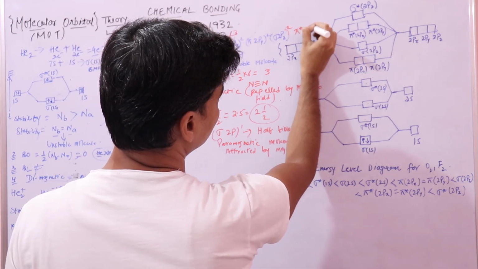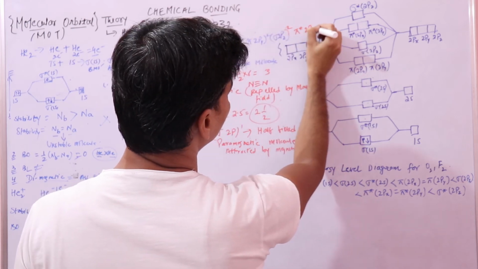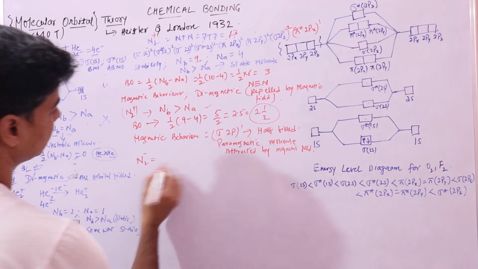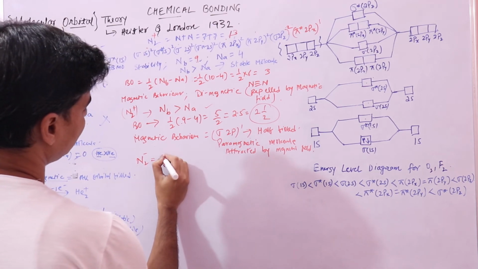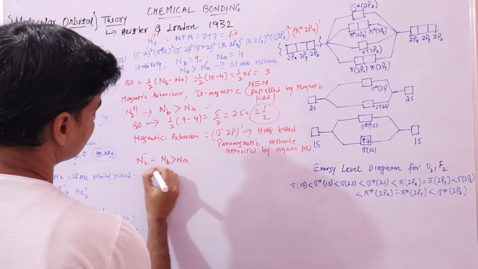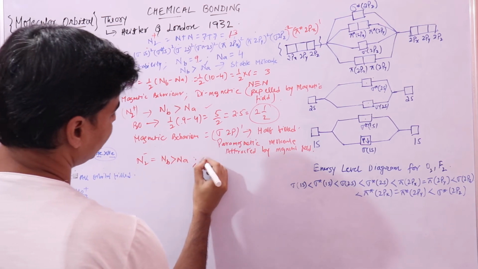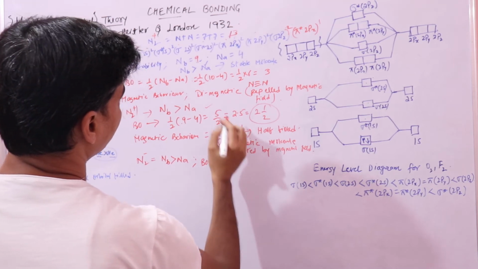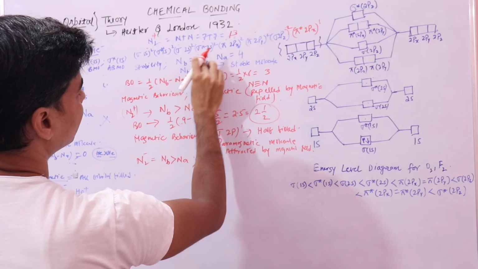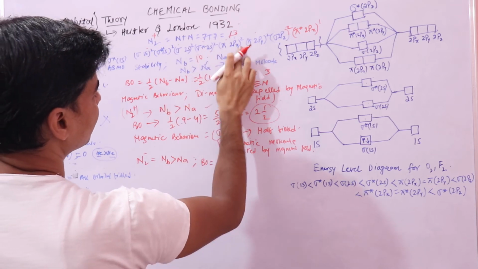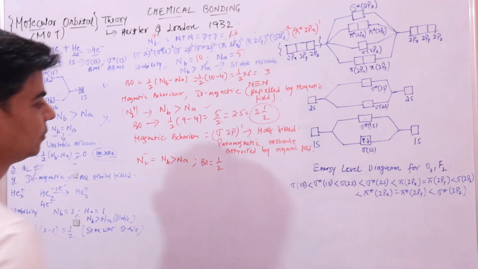Pi star 2px1, right? So what would be its stability? Nb is still greater than Na, so it will exist, and its bond order would be half. The number of bonding electrons will remain 10, anti-bonding will become 5.